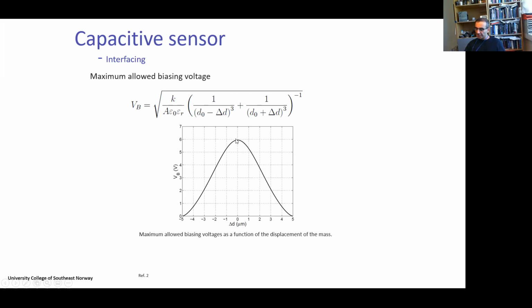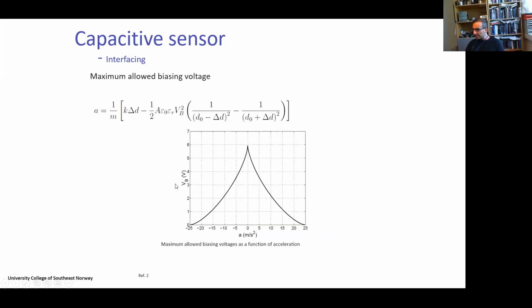It means that the electrostatic force becomes so strong that it doesn't allow the mass to move anymore. And VB versus acceleration, again, the same thing. At 6 volts, the acceleration that we can measure is almost 0.